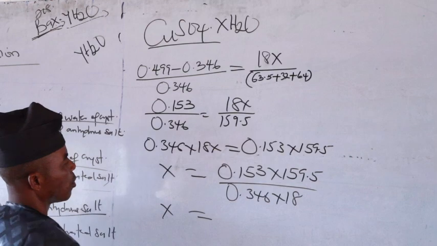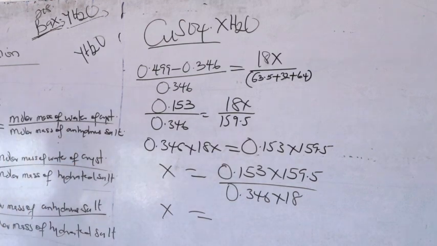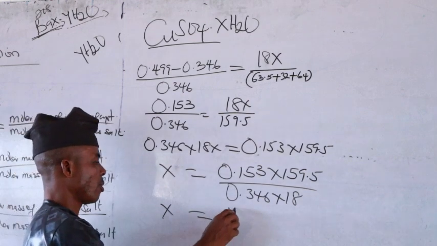Then x is equal to 8.92, 53, 3 points. Is that going to be the answer? I've told you the number is definite. So the answer is what? 4.